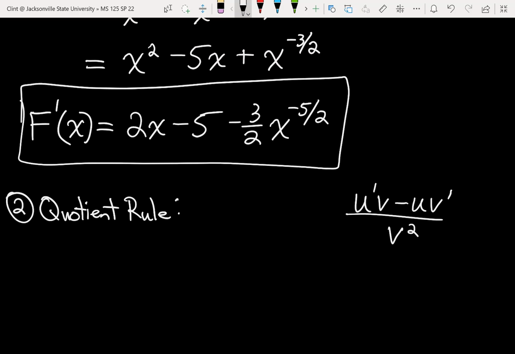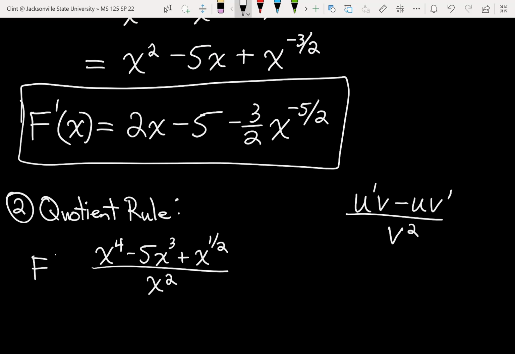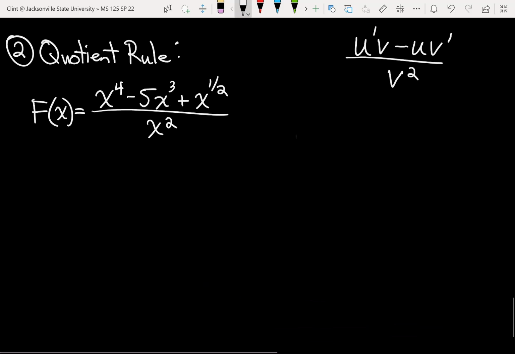So I'm going to rewrite our function. I'll go ahead and change it to x to the 1/2 because we'll need that.